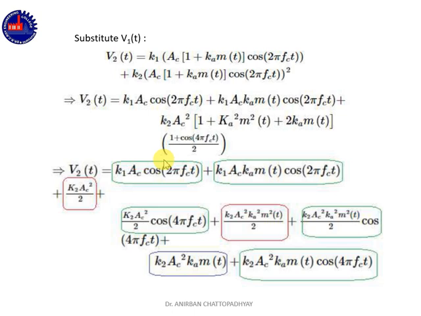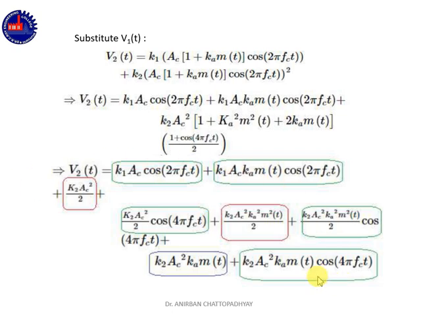So among these 1, 2, 3, 4, 5, 6, 7, 8 frequency components, only the K2 AC square K m(t) frequency component will pass, and all the remaining frequency components are greater than the cutoff frequency of my low pass filter, which is tuned to my message signal.